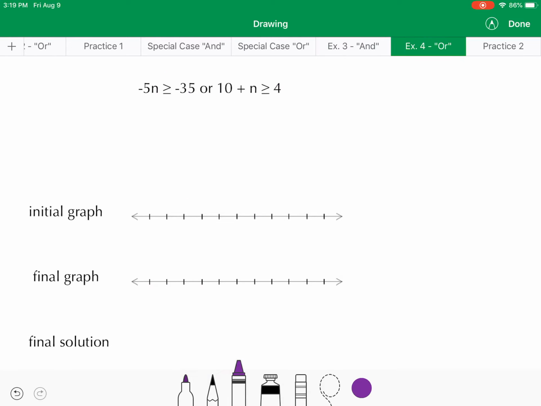Okay, example 4. All right, so this one was a union. Solve them separately. Be careful on this first one. Notice you are dividing by a negative. That requires the inequality symbol to flip. And over here, subtract that 10. Carry down or. All right, I'll label by 2's this time.